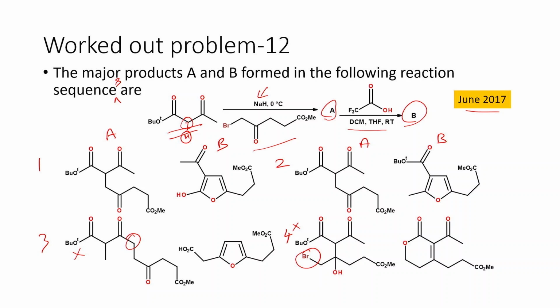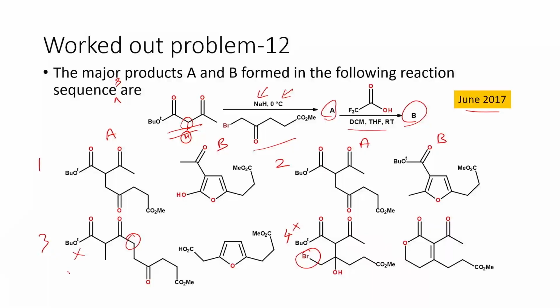That very readily undergoes reaction because the reaction is carried out at 0 degrees. That means the more stable intermediate will be the one that undergoes the reaction. If the same reaction was carried out at room temperature or at a higher temperature, then the option given in 3 is possible, but in this particular case it is not possible.